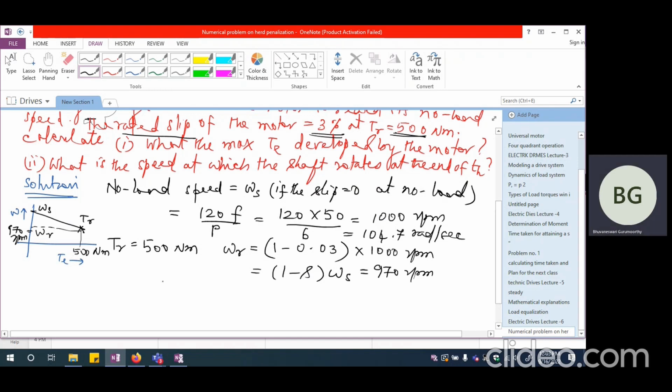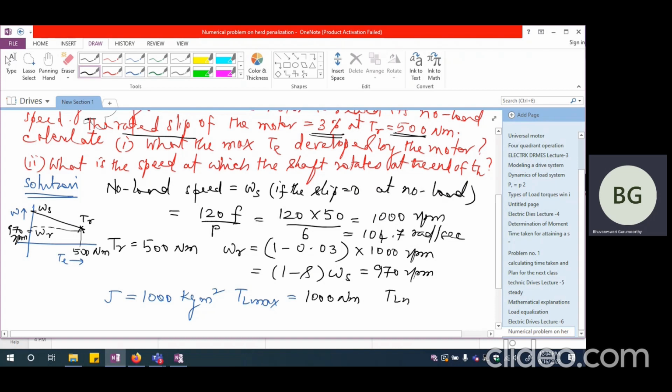So we should be able to substitute this in the expression we require when we calculate the moment of inertia of the flywheel. But here the moment of inertia is given. J is given as 1000 kg meter square, sorry. And TL max is given as 1000 Newton meter.